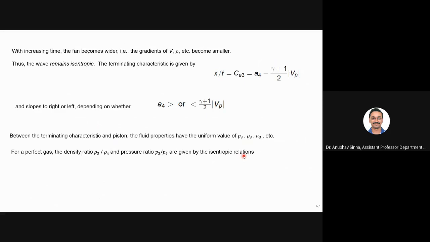So you can use isentropic relations, and as I said, isentropic behavior is generally accepted or a good approximation for this type of behavior for the expansion fan. So if I say that isentropic relations are valid, I can find the density ratio and pressure ratio using these relations.